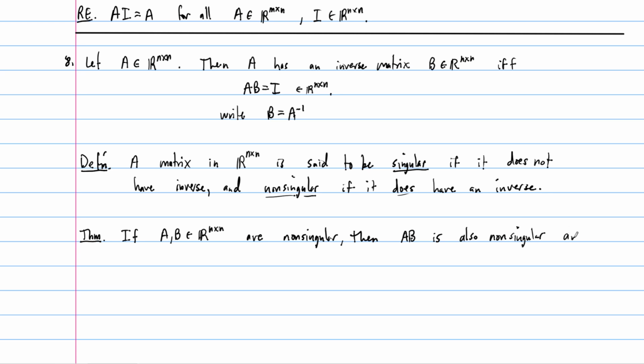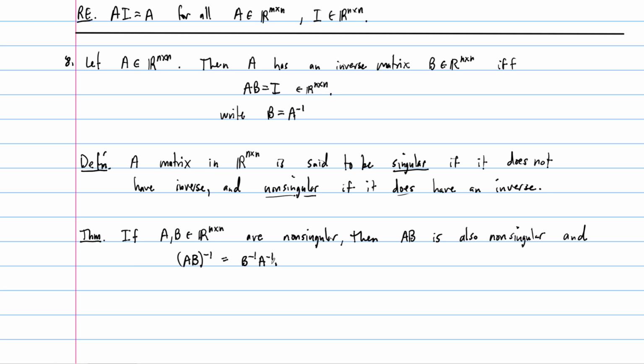And we can even write this: the inverse of AB is equal to B inverse times A inverse. So it switches the order and distributes the inverse in some sense here.